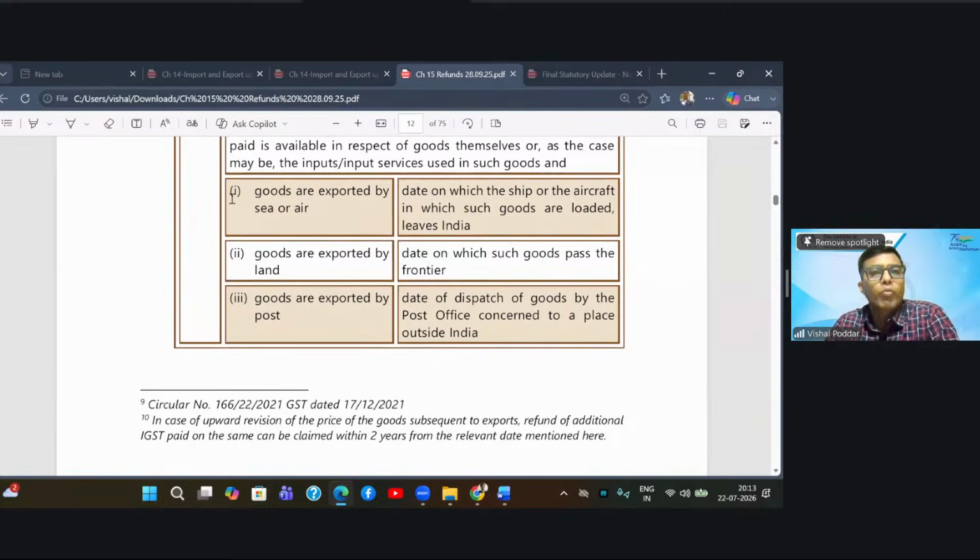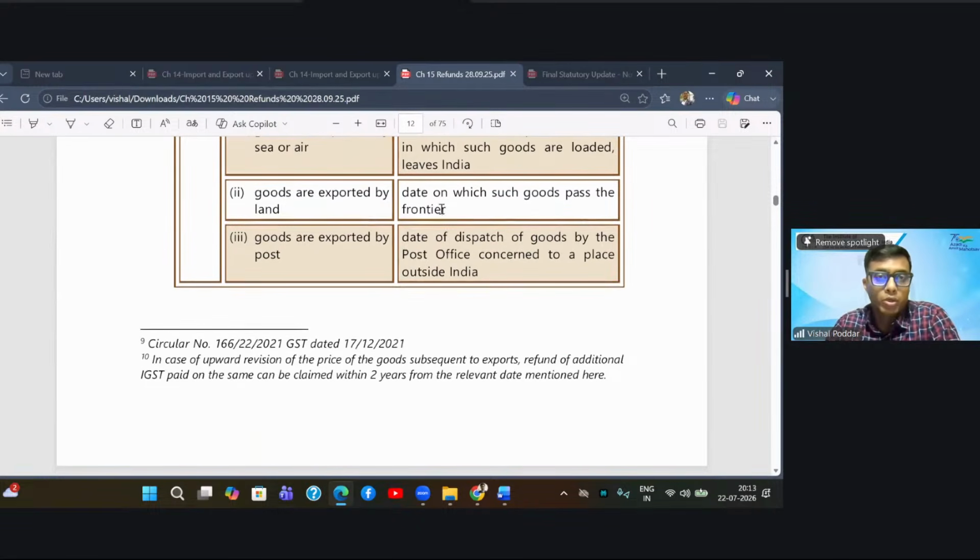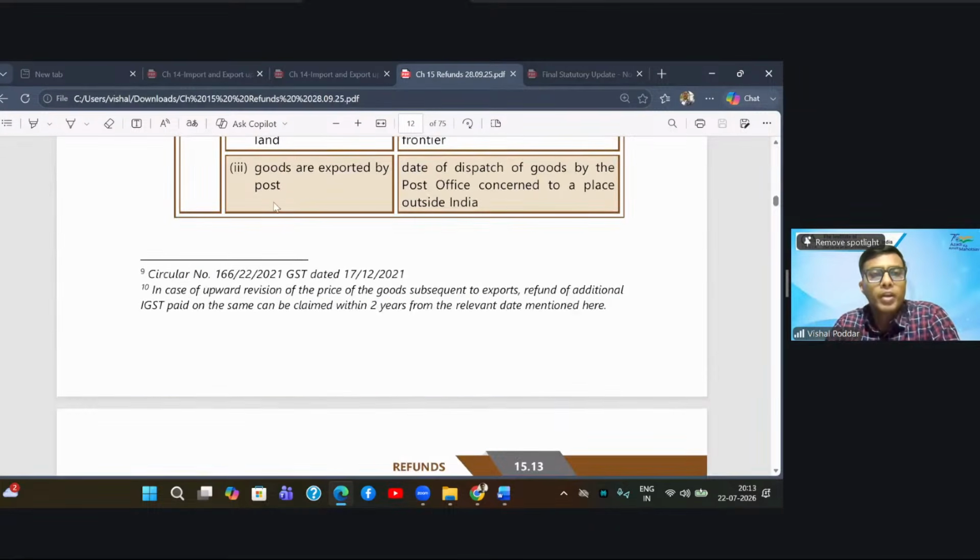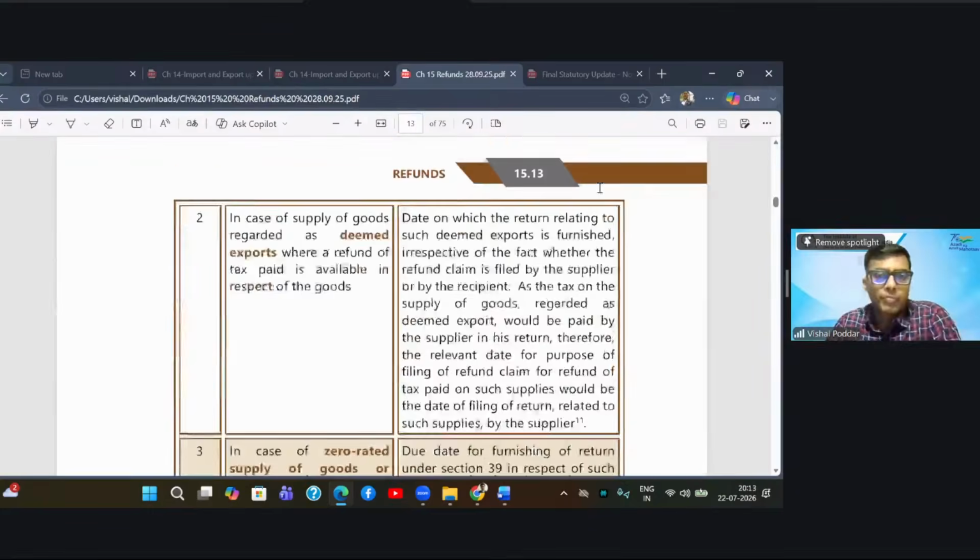Then what is the relevant date from which 2 years will be counted? If the goods are exported by sea or air, the date on which the ship or aircraft leaves India, from that date, 2 years. Where the goods are exported by land, the date on which such goods cross our borders. Where they are exported by post, the date of dispatch of goods by the post office to the foreign place.